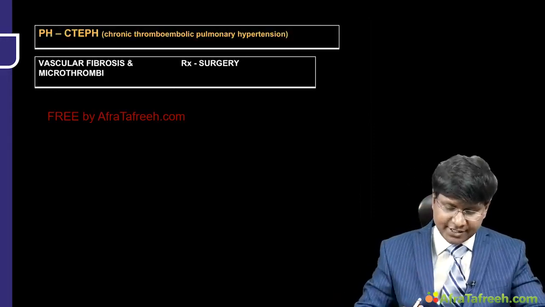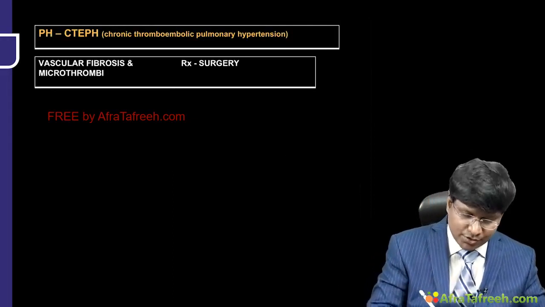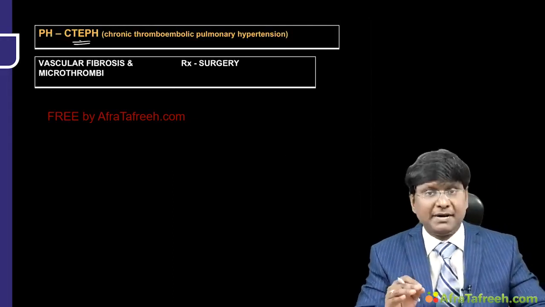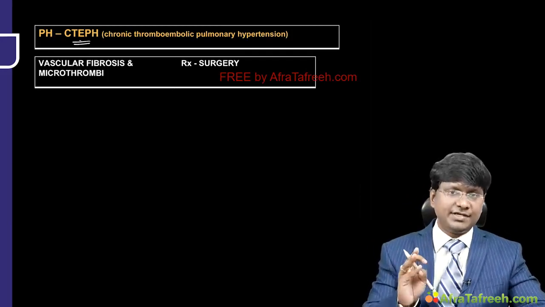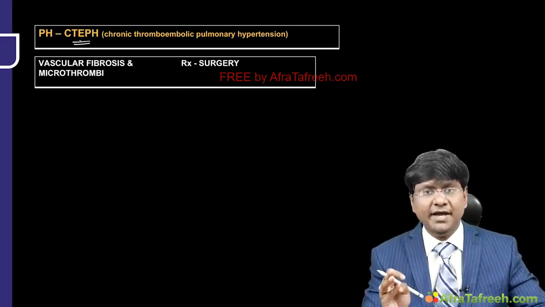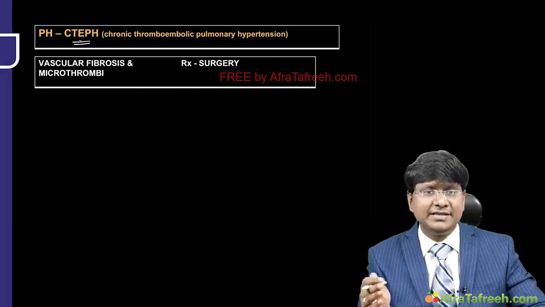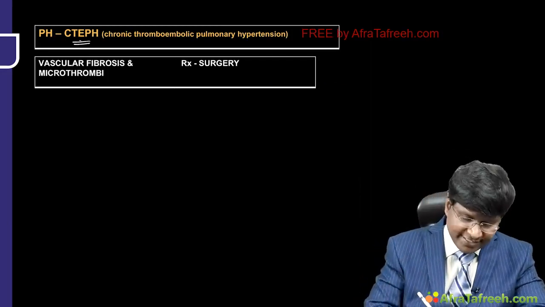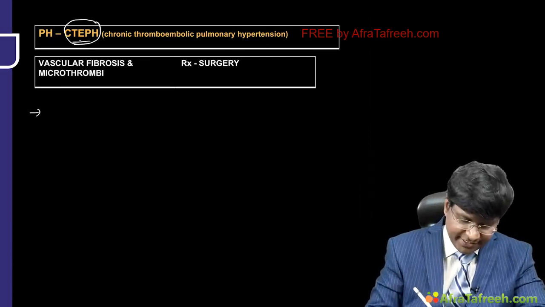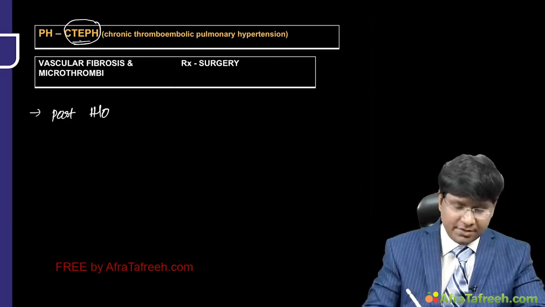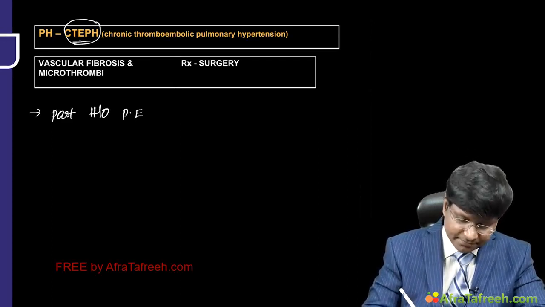Then after the sleep studies, to diagnose chronic thromboembolic pulmonary hypertension, the investigation we have is CT angiography. What will we be doing in these individuals? Let me tell you. This chronic thromboembolic pulmonary hypertension is very common in patients with a past history of pulmonary embolism.